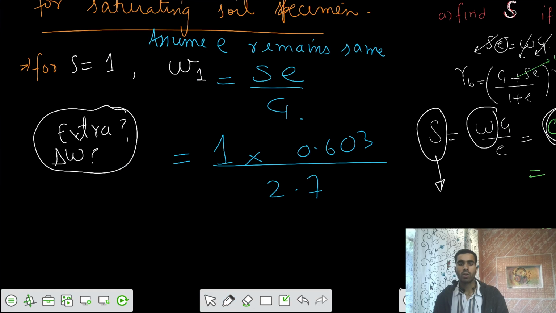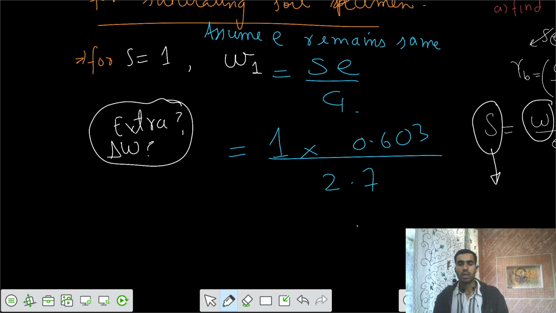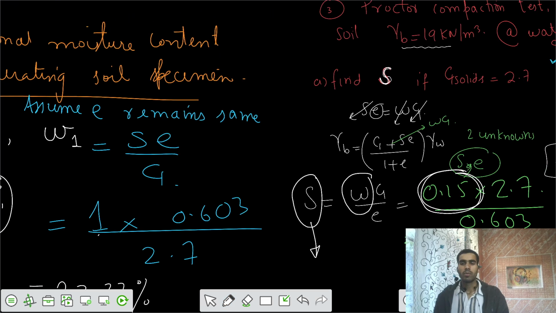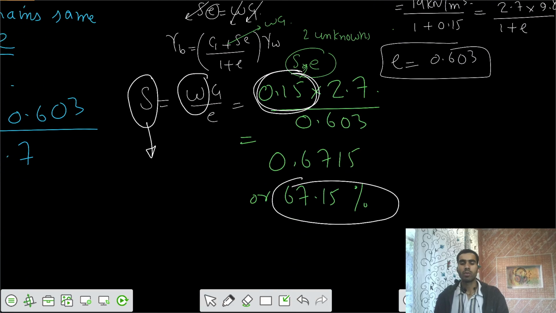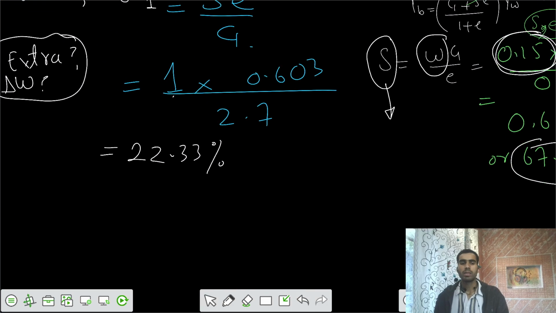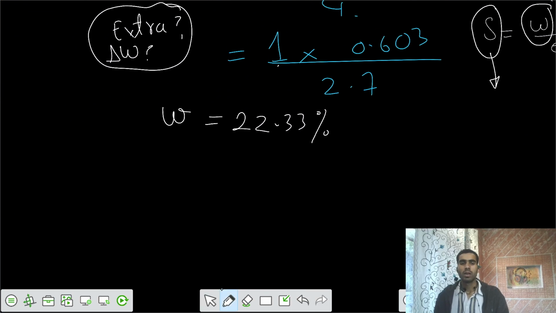So your second water content is almost equal to 22.33%. Initially, 15% of water content was there at a saturation equal to 67.15%. Now, what is the extra water content we have to add?